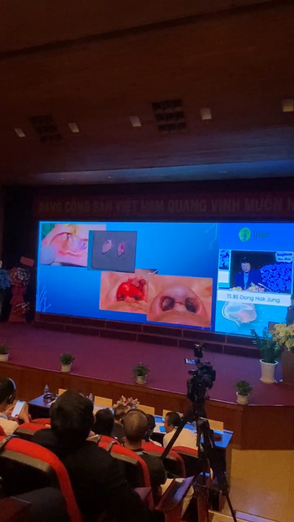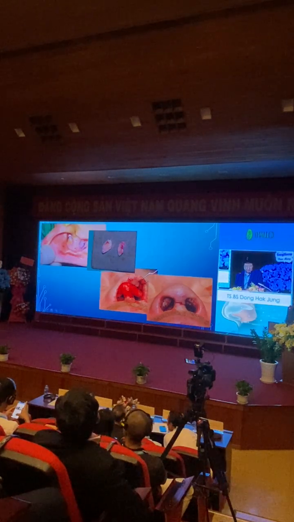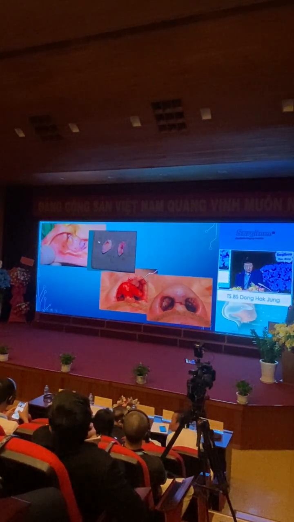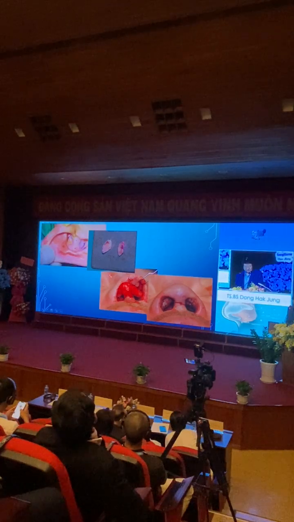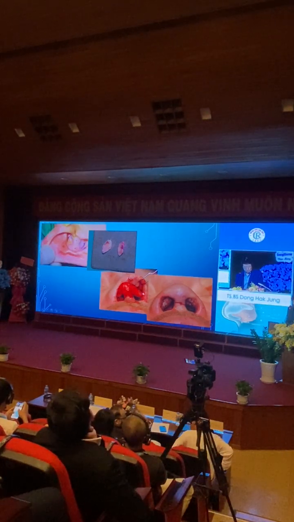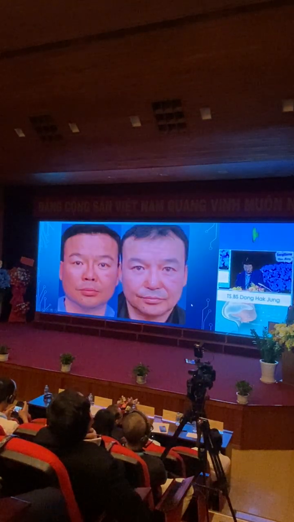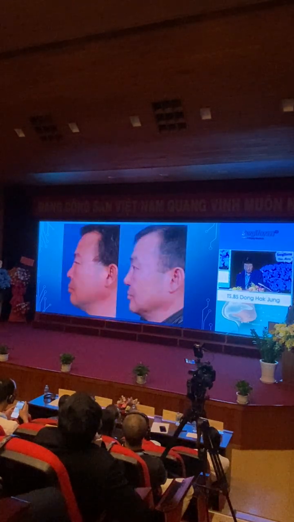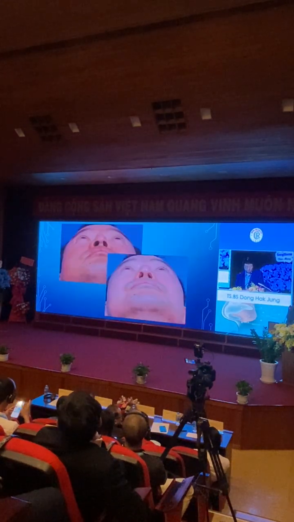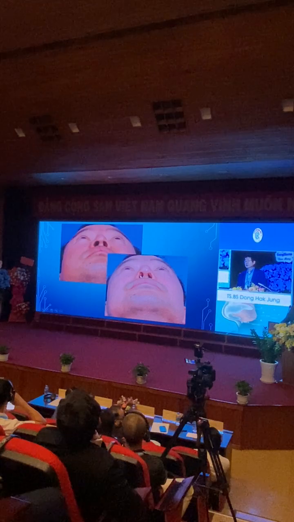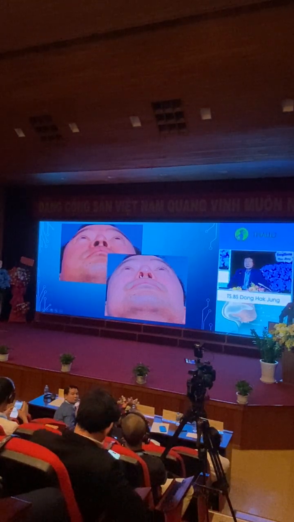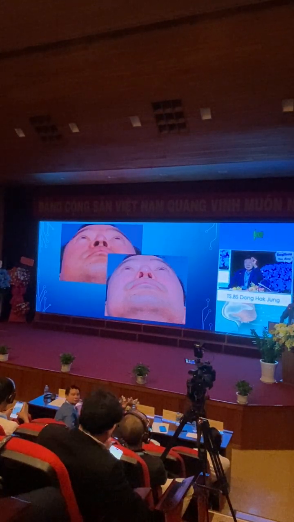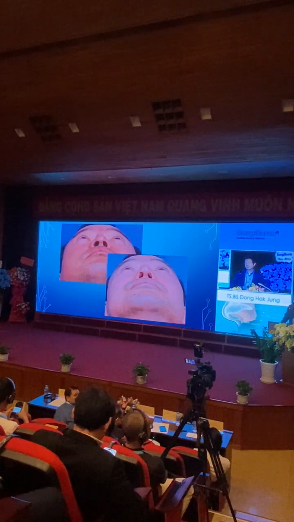The composite graft has cartilage and skin here, then you move it here to this. Then you can correct the nose tissue. It looks good, but there's a scar. In this case, maybe 6 months later, with some cutting, the scar is better.